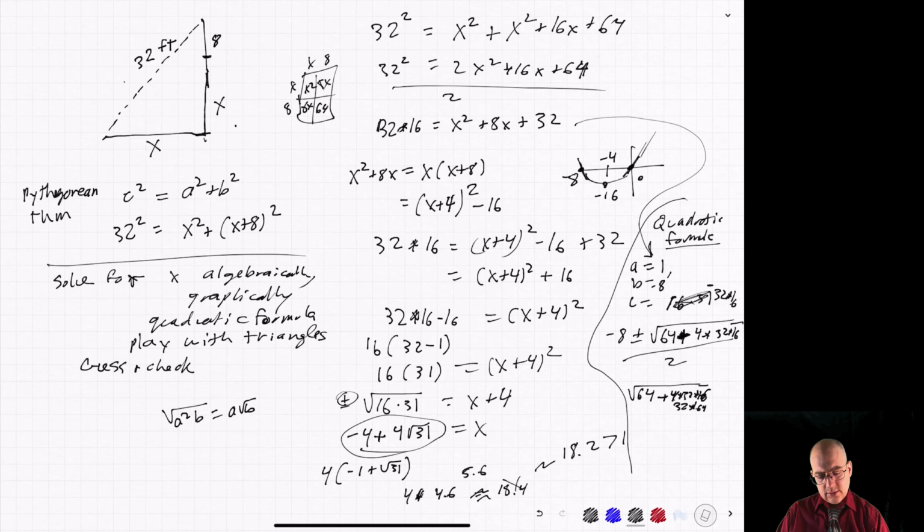And what's the square root of 64? 8. 8 times the square root of, looks like 33. Oh, right, sorry.